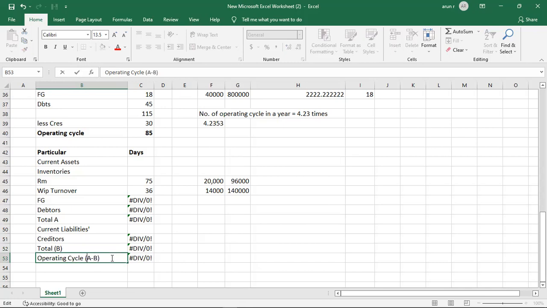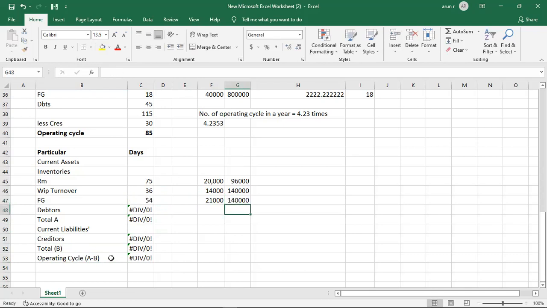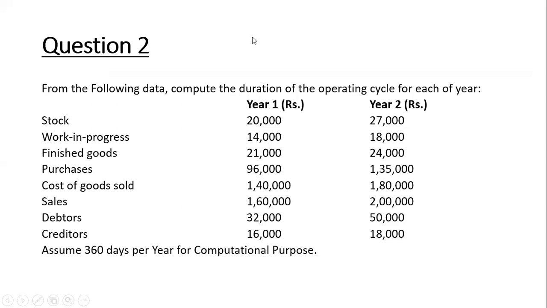For time consumption, I will put the formulas and apply them accordingly. Finished goods 21,000, cost of goods sold 1,40,000, that is 54 days. Then debtors 32,000. For debtors, we take only the sales value, 1,60,000.